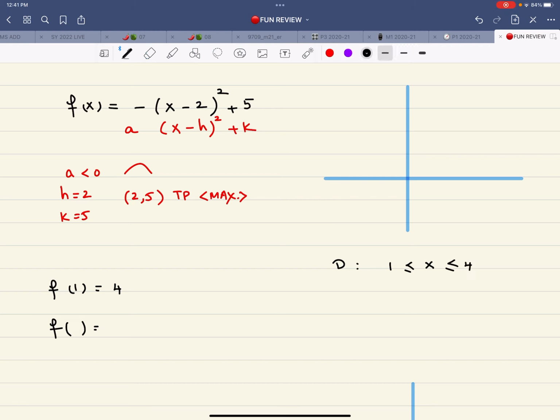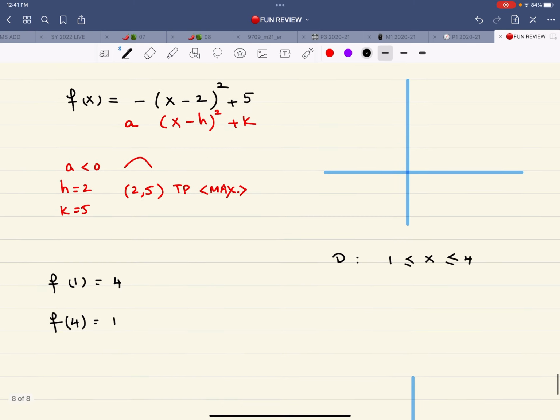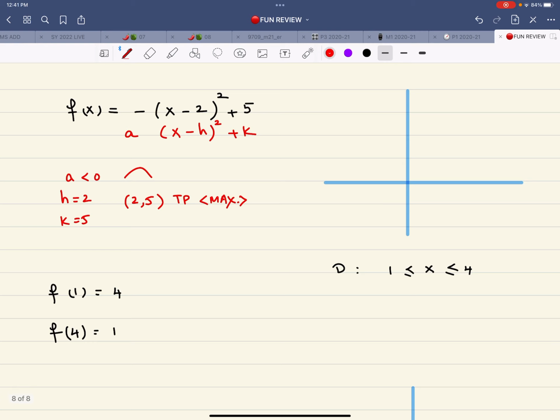This is 4. 4 minus 2 is 2, 2 square is 4, minus 4 plus 5 is plus 1. Now f of 1 is 4, and f of 4 is 1. F of 2 is giving me 1.